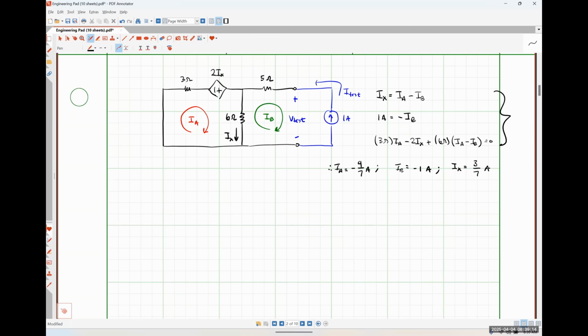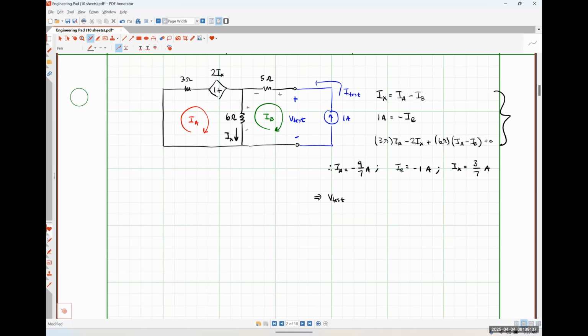And now I could say that my test voltage, I'm just going to write some polarity terminals on here really quickly, is going to be the sum of the voltage drop across the 5 ohm resistor with this polarity, as well as the sum of the voltage drop across the 6 ohm resistor with this particular polarity.